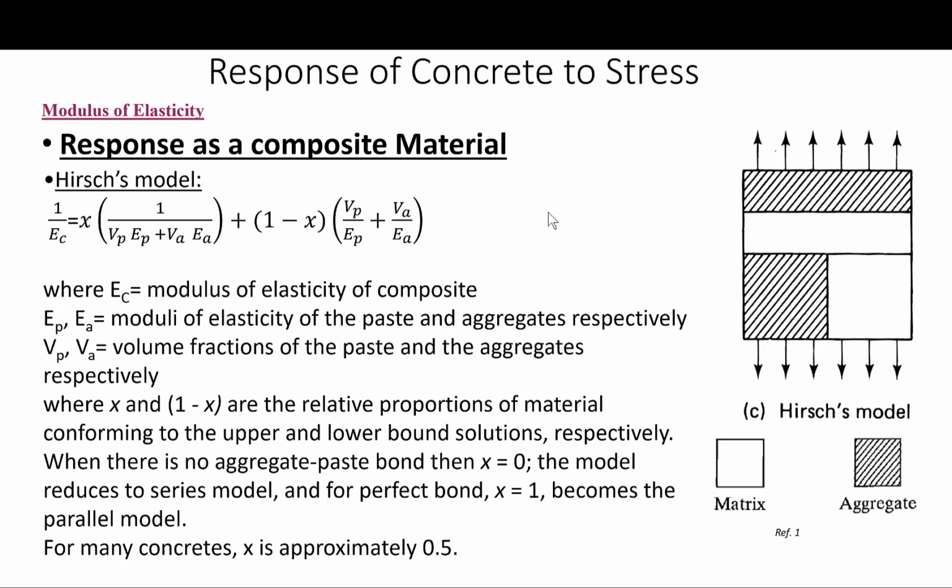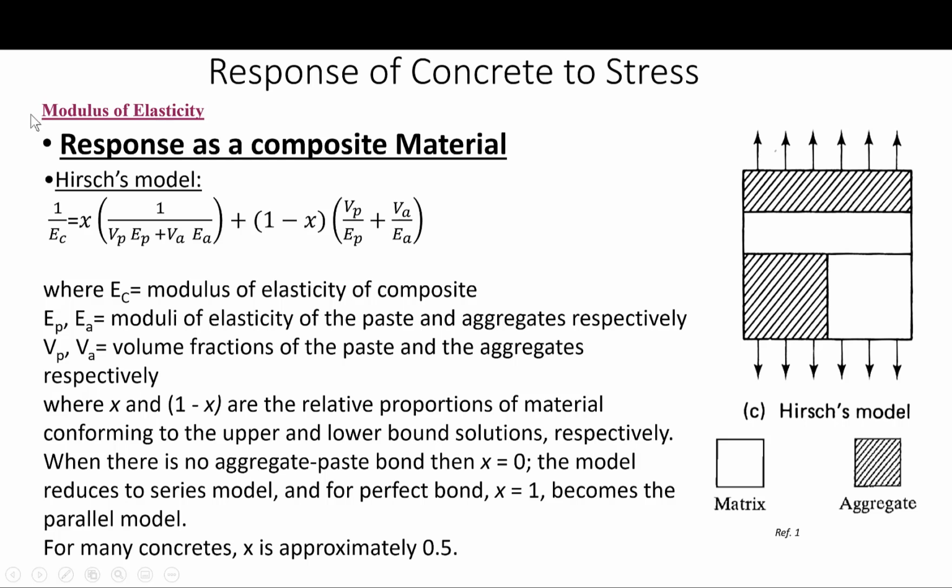So one limitation, of both the series and the Hirsch models, is that for the case when E sub A equals 0, they predict the concrete modulus of elasticity to be 0, which is not true. Okay, so that's the case.